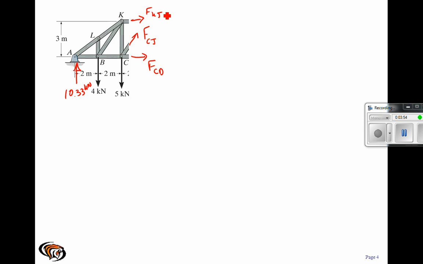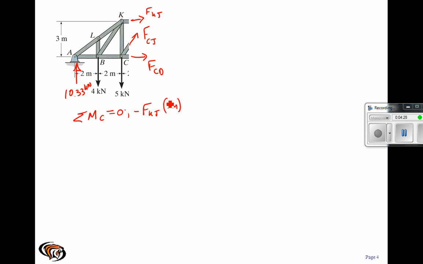In this case, I'm going to use the moments about point C and moments about point J, as well as the forces along Y. So let us go ahead and apply moments about point C. The reason for that is because we want to get that force KJ. Force KJ produces a negative moment of KJ times 3 meters.